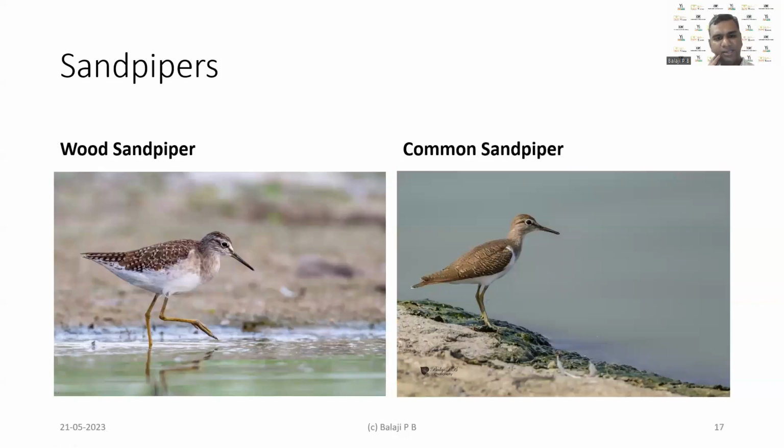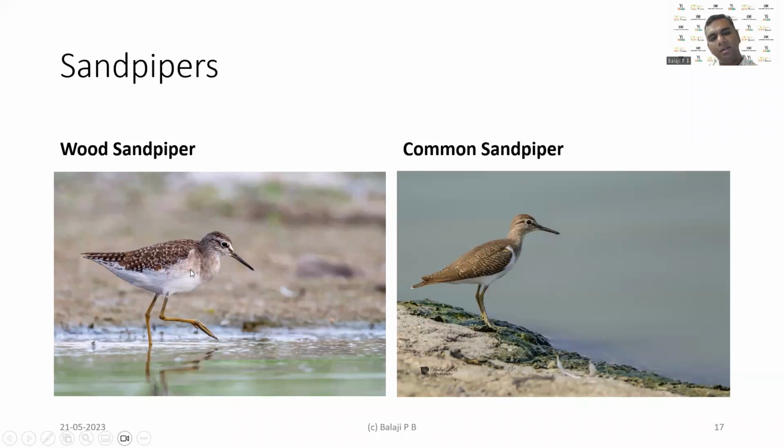And next are the wood sandpiper and the common sandpiper. How do you tell them apart? The wood sandpiper has very prominent markings on its upper body, whereas the common sandpiper is relatively plain looking on the upper body. And then again, as I said, the peak-shaped sign which is there in the common sandpiper is absent in the wood sandpiper.